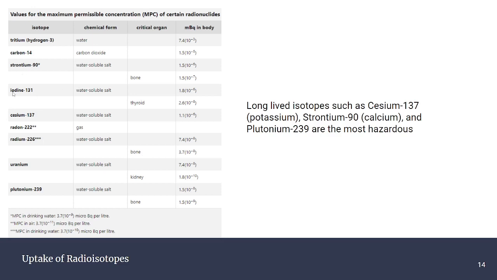But with that, there are medical applications to stuff like this. If you have hyperthyroidism, you can actually take low doses of iodine 131. It'll be uptaken into your thyroid, destroy some of the overactive glands, and get out of your body in, say, about 90 days.